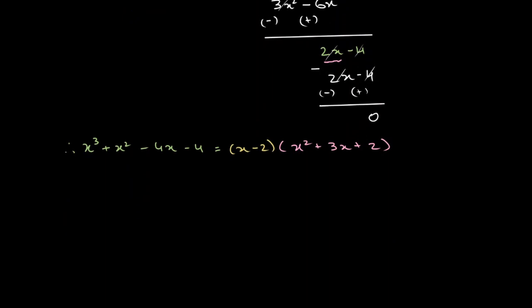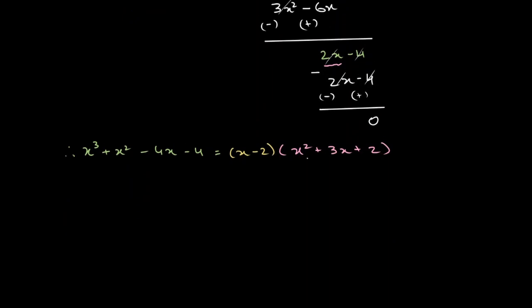The question still hasn't ended. As you can notice, the term here is a quadratic expression, and that can be factorized further, so we will have to do that. So our first factor is x minus 2.